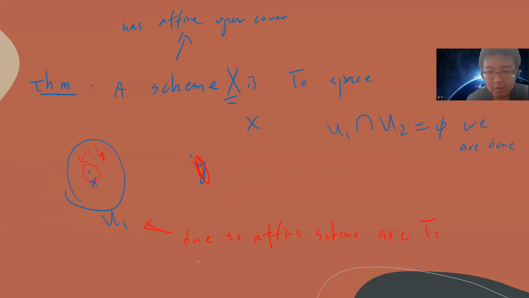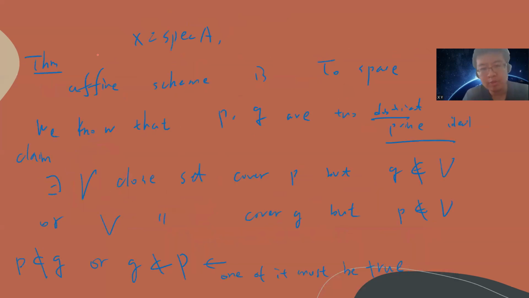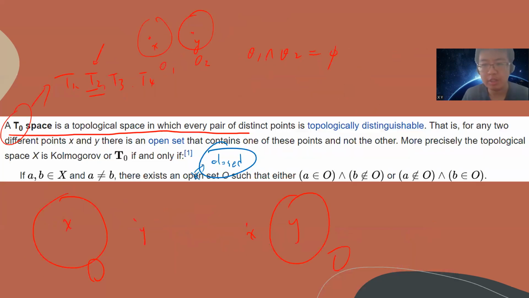This U1 is basically an affine scheme, because a scheme has an affine cover. So if there is a U1 in the affine cover which covers x but does not touch y, then we are done. If there is a U1 which covers both x and y, then they are in the same affine scheme, so they can be separated from each other. This video is very simple, just telling you the basic fact about schemes.